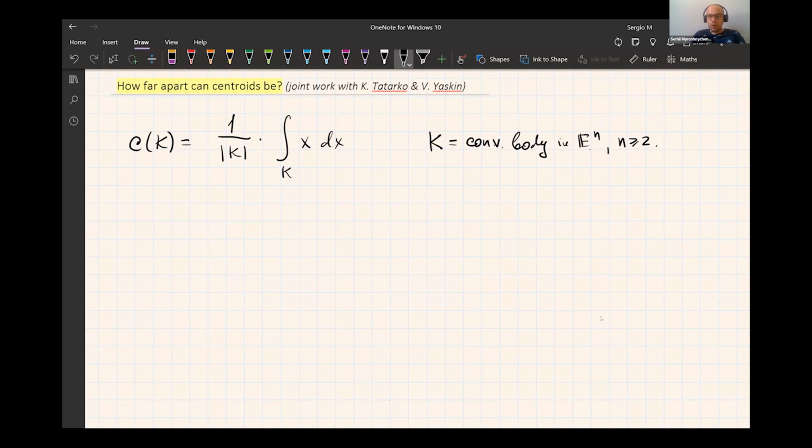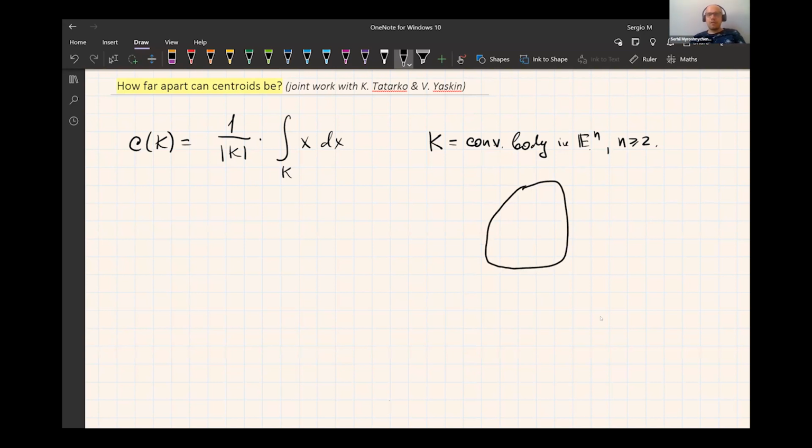It's a special point, and convex bodies in general have quite a few interesting points. So what we were wondering about is the relation between those points. Let me introduce another point. We're going to look at our convex body.